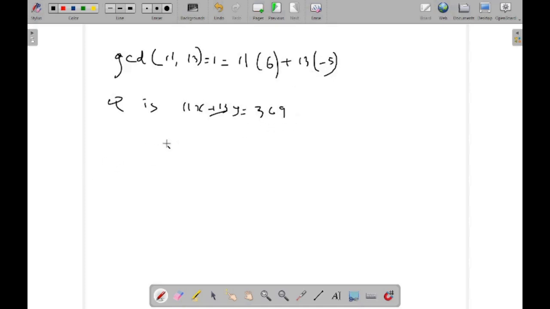So we have 1 equal to 11 into 6 plus 13 into minus 5. The right hand side of our question is 369.